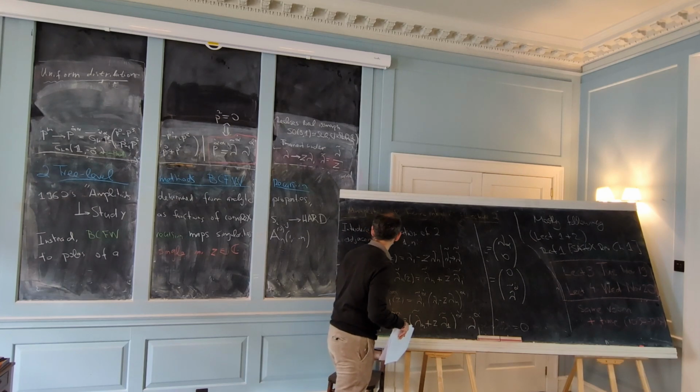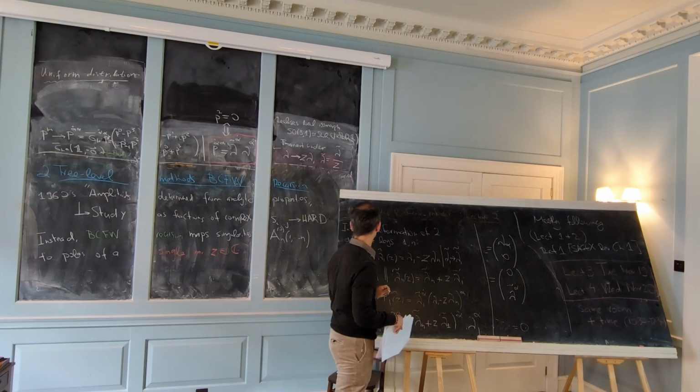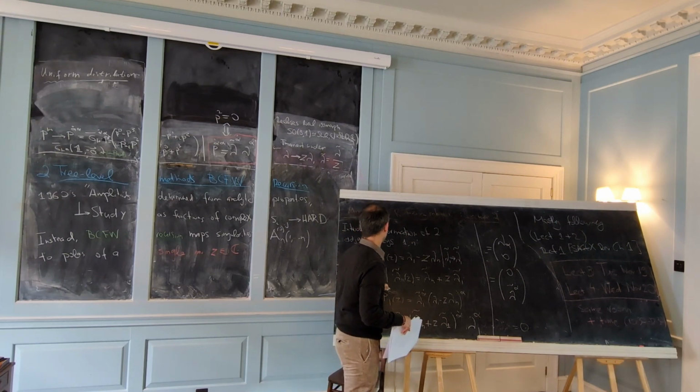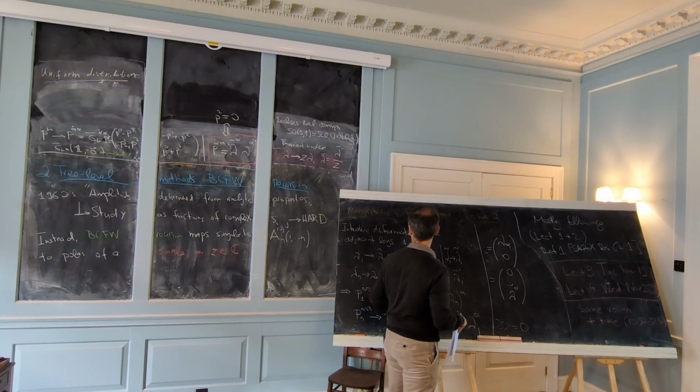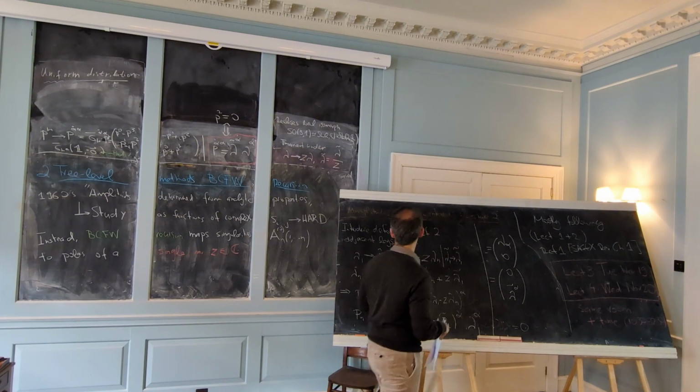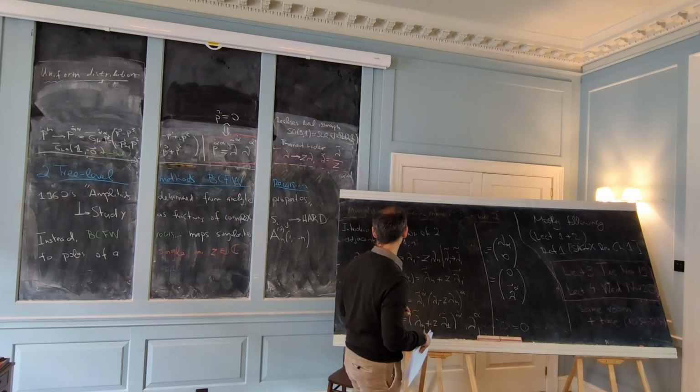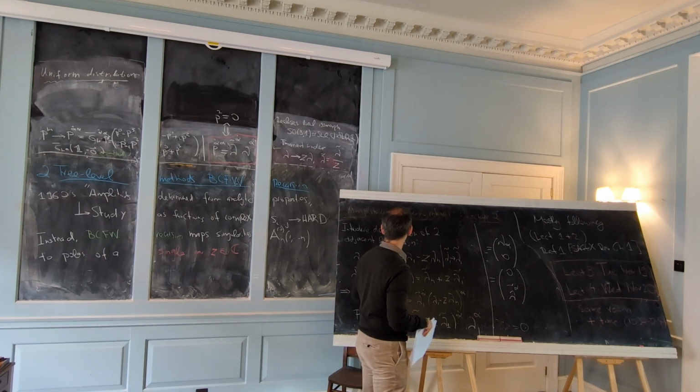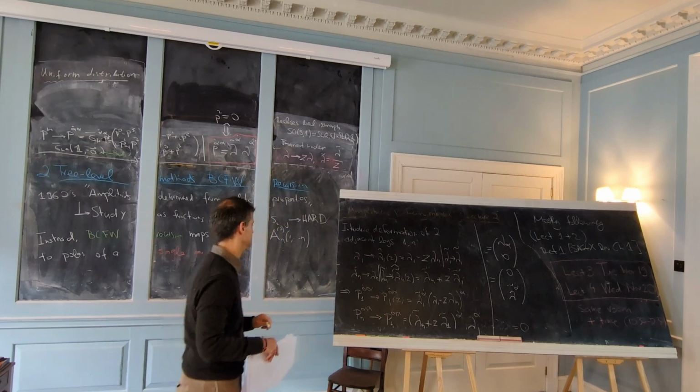Hat. That's what you meant. Yes, indeed, this hat. Very good. Thank you. So lambda n goes to lambda n hat. Lambda n tilde goes to lambda n tilde hat. Indeed.